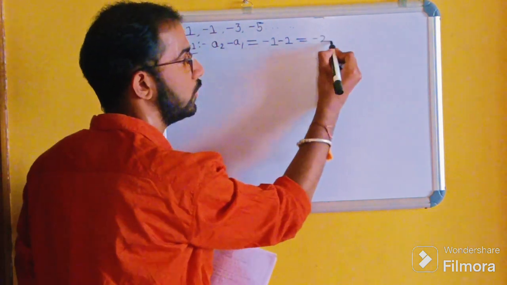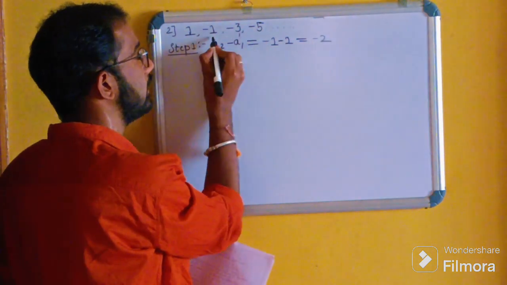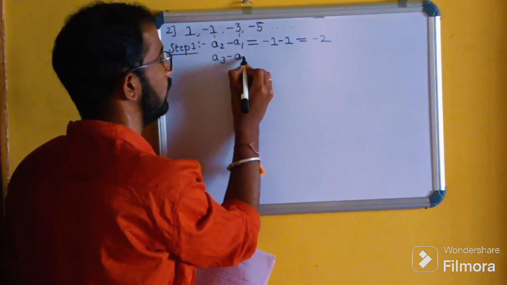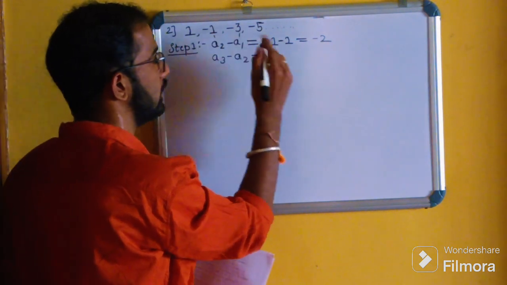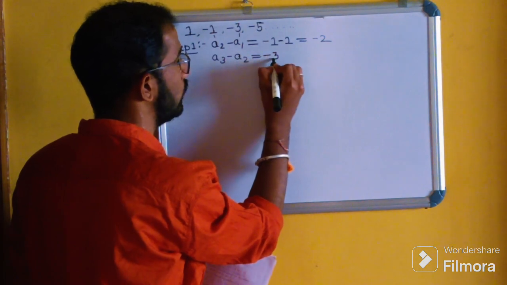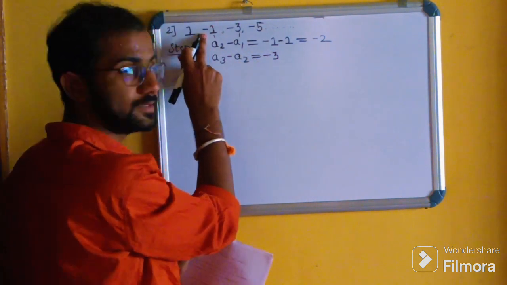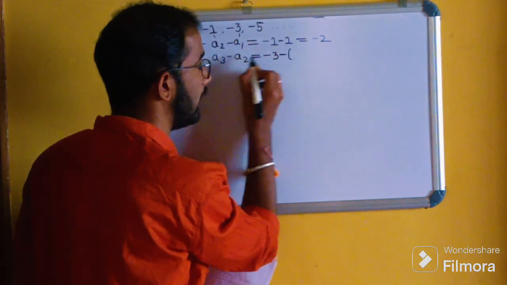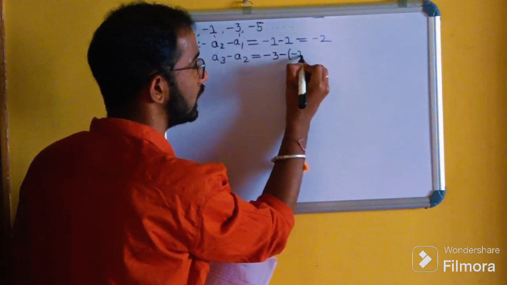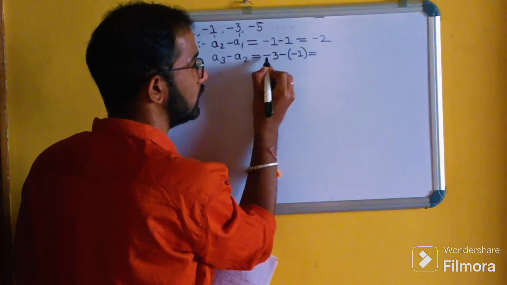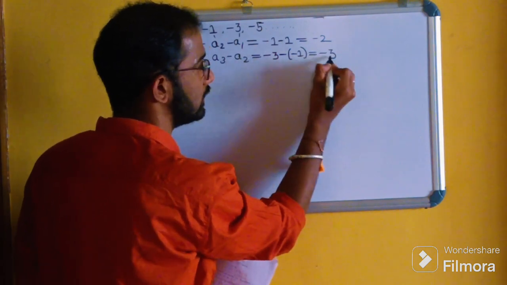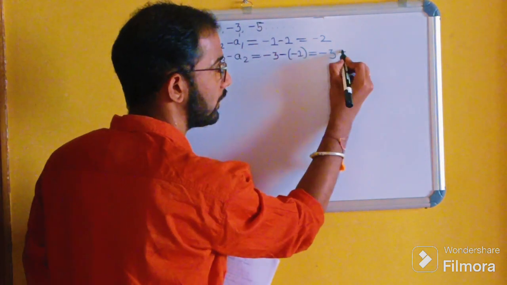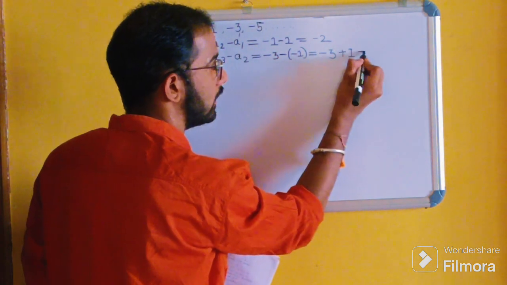What is a3? It is -3. a2 is -1. Minus into minus is plus, so -3 plus 1 is -2 again.